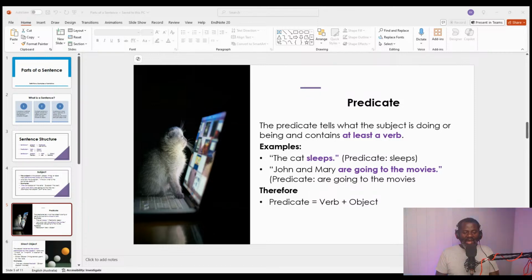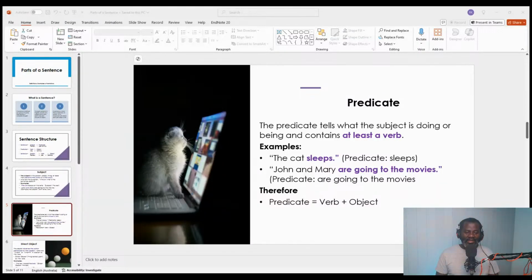Making who? Her. Therefore, her becomes the direct object. And because she's the direct object, there's more information about her, upon which the action of painting was performed. Therefore, white is the object complement.